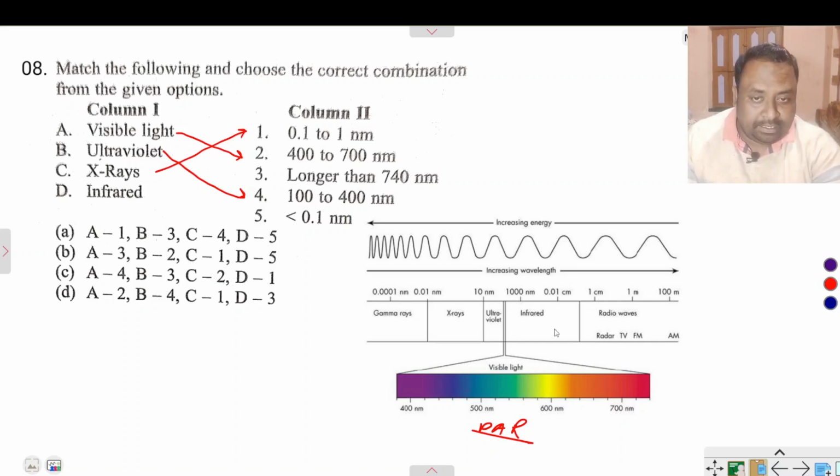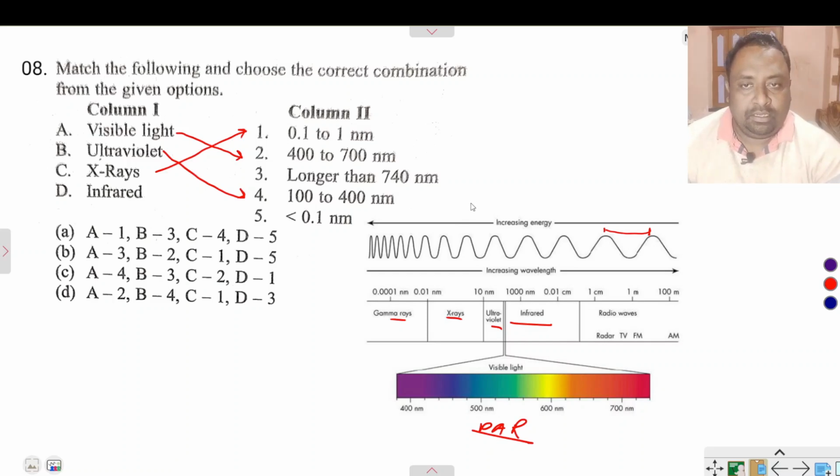This is infrared, after 700 nanometer up to 0.01 centimeter. This is ultraviolet, this is X-ray, this is gamma ray. Here this is the wavelength of light. The more wavelength means less energy.